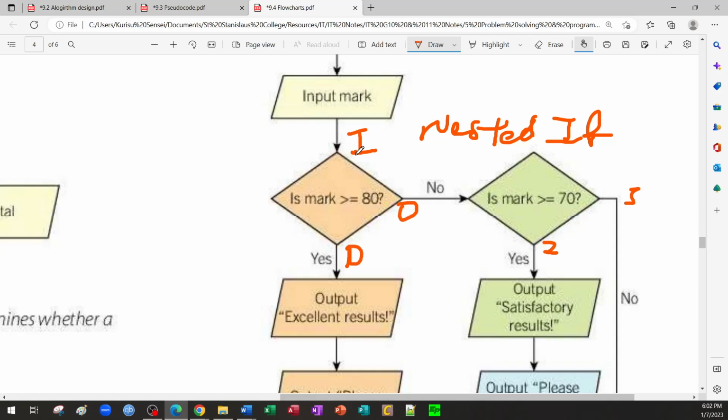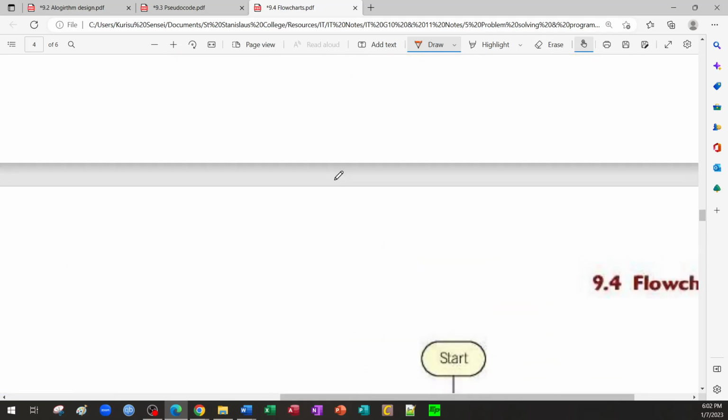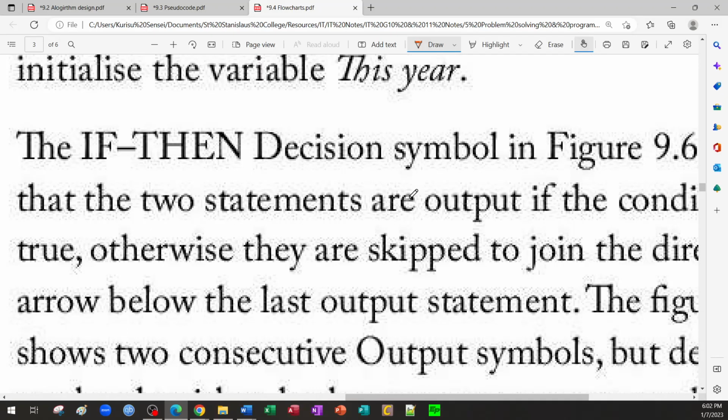So notice this one here has 1 entry, 2 exit. This one here has 1 entry, 1 input, and 2 exit once again, 2 output once again. So no matter how much you join together, it's always going to be 1 input, 2 outputs.